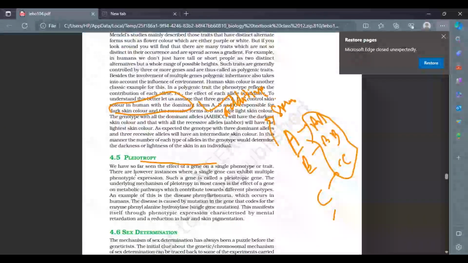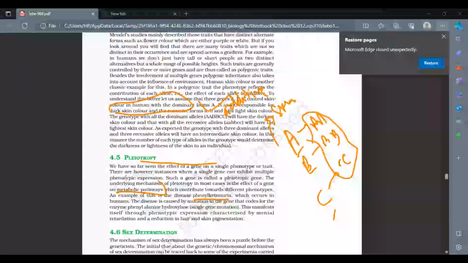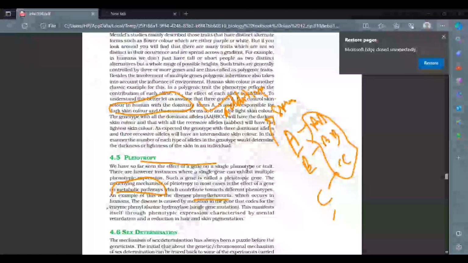Then there is one more concept, the pleiotropy gene. What is happening is that a single gene can exhibit multiple phenotypic characters. For example, there is a genetic disease known as phenylketonuria. This disease is due to a problem in the genetic setup which decides the metabolic pathways in humans.